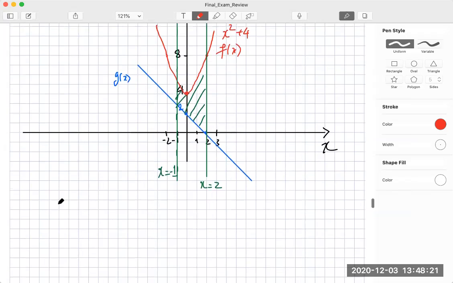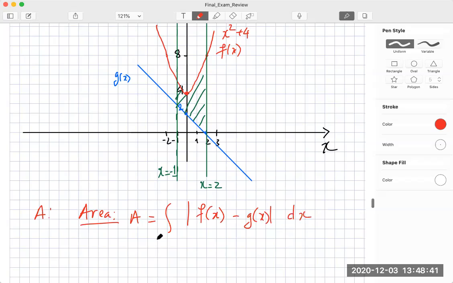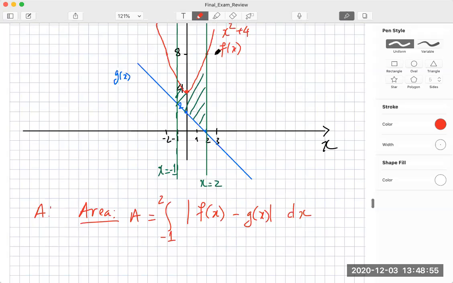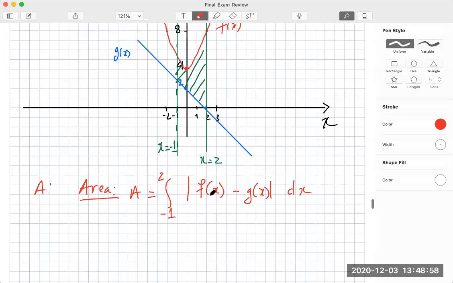Therefore, the area will be the integral. Can you tell me the limits, from where to where? -1 to 2. Very good. Here you can see that the red line is on top of the g line, which means f of x is always larger than g of x.